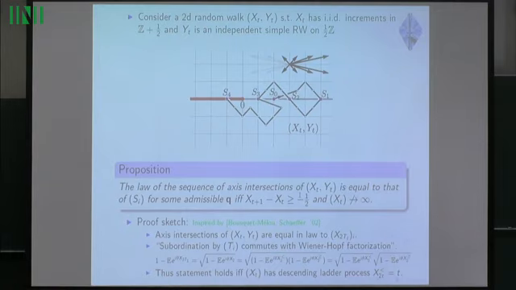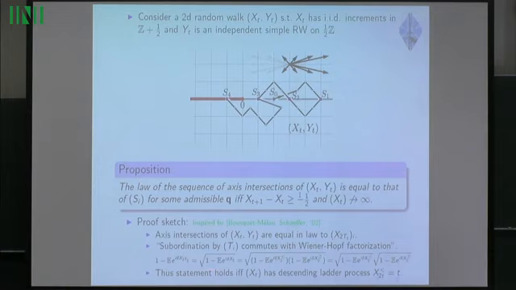And the magic is that subordinating a process x by this T of I commutes with the Wiener-Hopf factorization of x. So what do I mean by that? Well, subordinating the characteristic function of x by T actually corresponds just to taking a square root, while factorizing the process into its descending and ascending ladder processes corresponds to factorizing its characteristic function, up to the 1 minus.